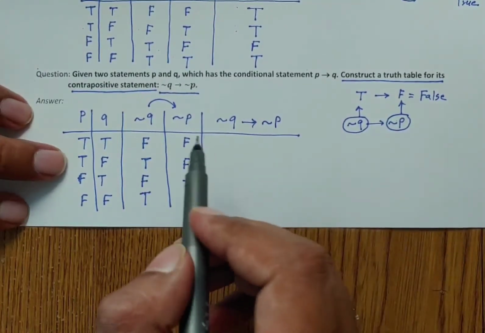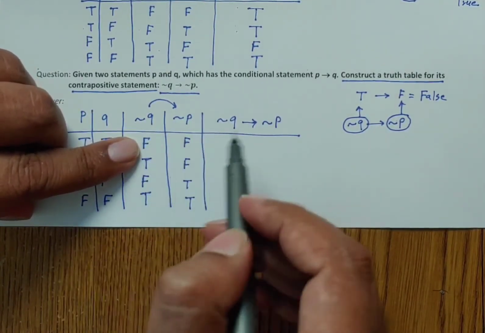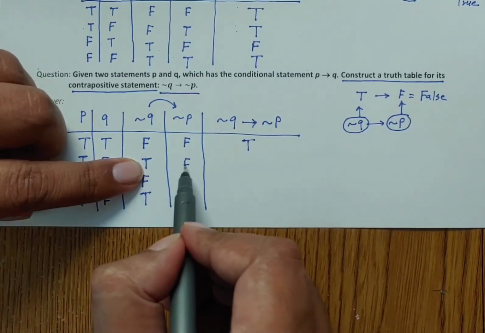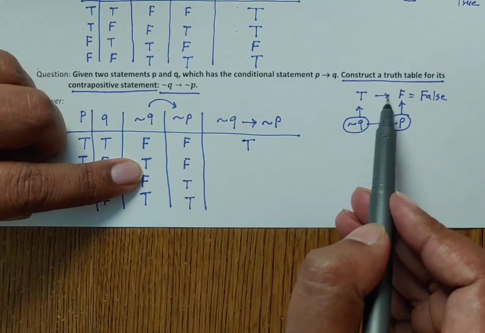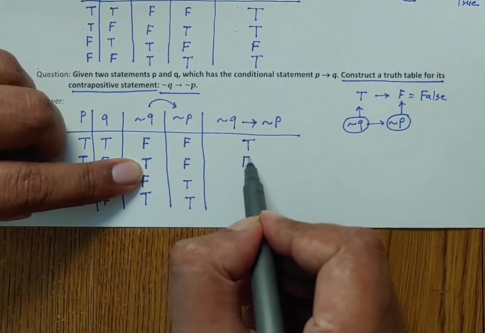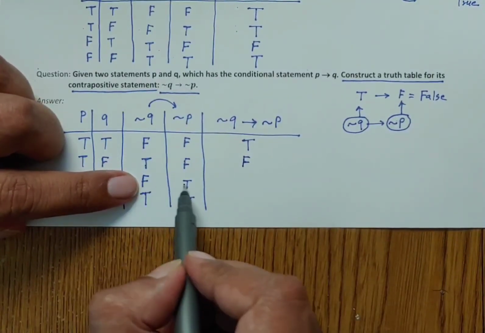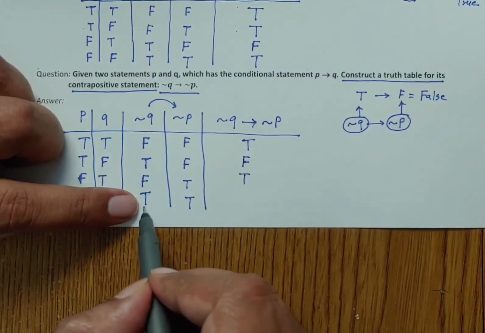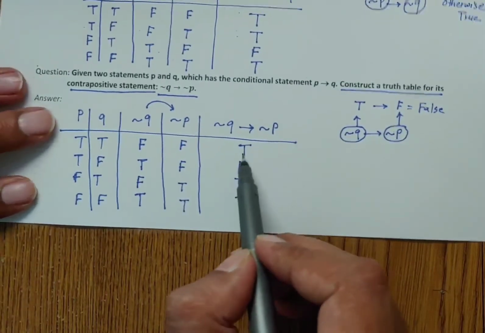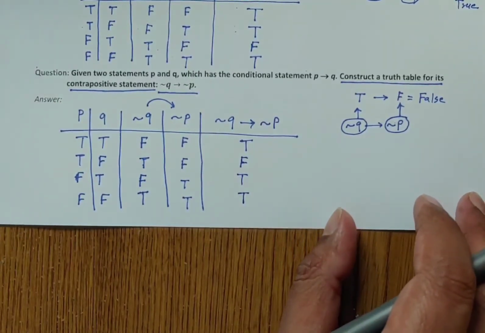Otherwise it is true. Because we are going from this to this, false to false is true. True implies false is false. Now false implies true will be true and true implies true will be true. So true, false, true, true.